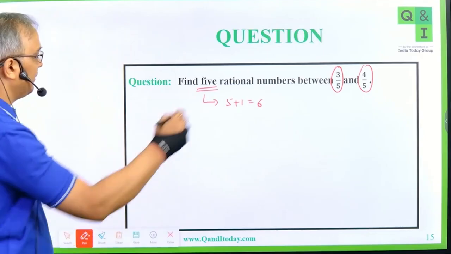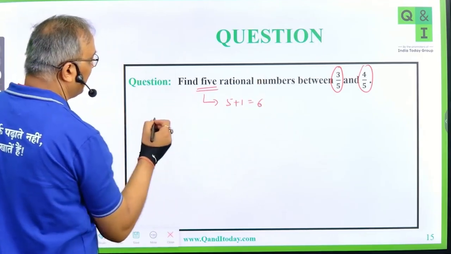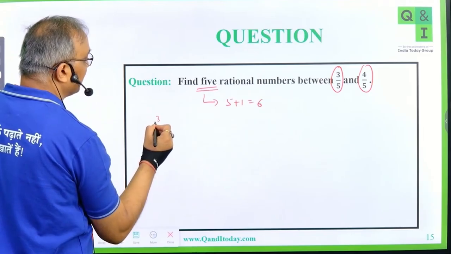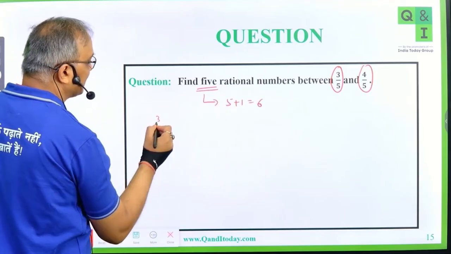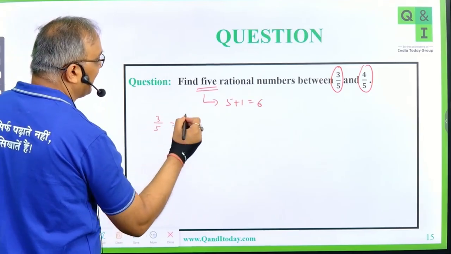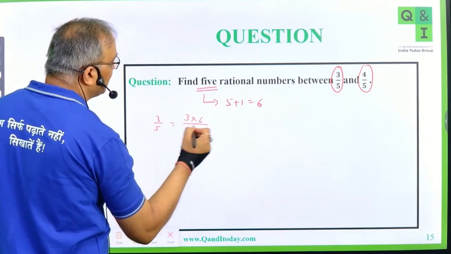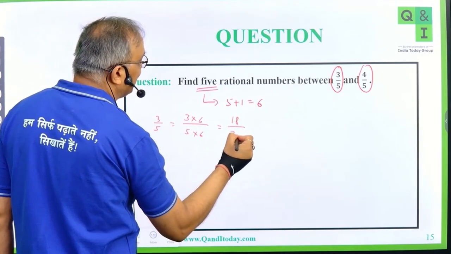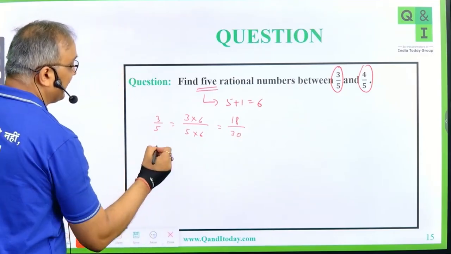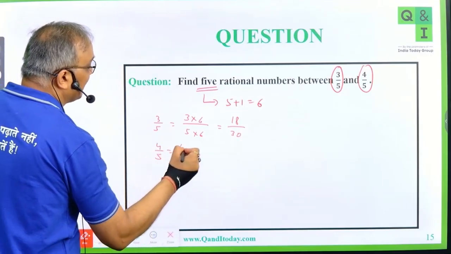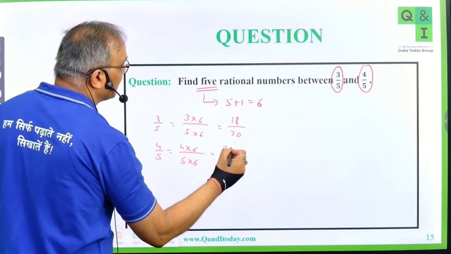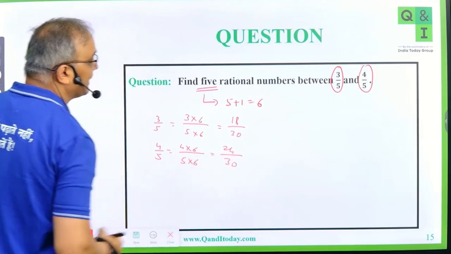The other one is what we were discussing. We'll multiply both numerator and denominator by 6. So 3 by 5 can be written as 3 into 6 over 5 into 6, so this is 18 by 30. And then 4 by 5 can be written as 4 into 6 by 5 into 6, that is 24 by 30.